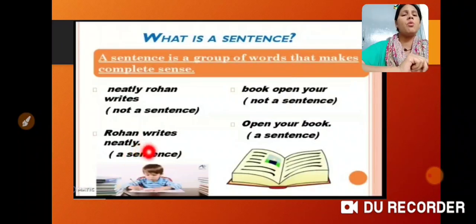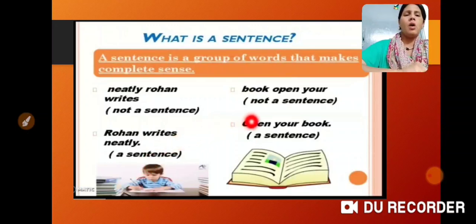That's why these group of words are a sentence. Now come to next example. Book open your. These group of words do not make a complete sense, so they are not a sentence.